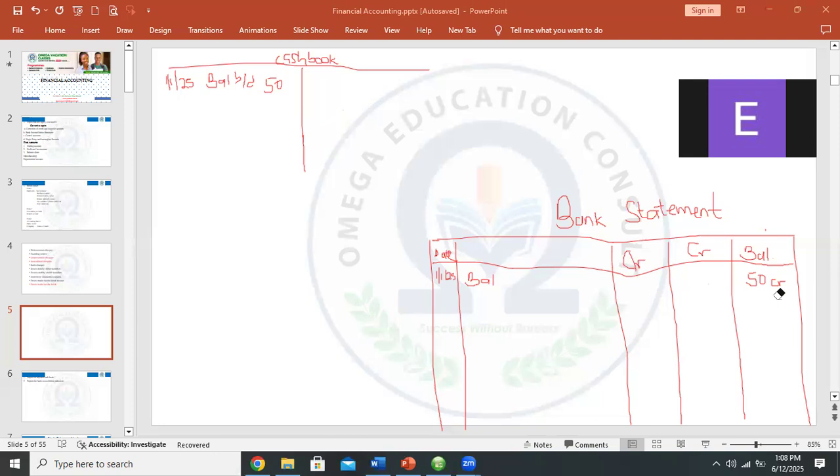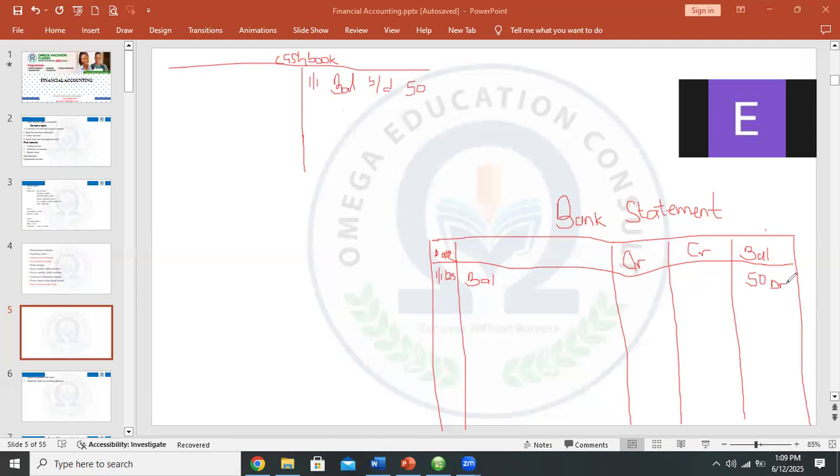If the dynamics change, and the reality is that our cash book is giving us a balance at the credit side, say 1st January 2025, balance brought down 50, then this time our cash book is showing a credit balance. Then the bank statement will show a debit balance, telling us that there is a bank overdraft.